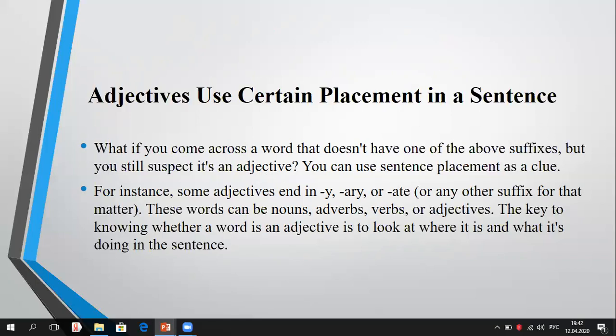These words can be nouns, adverbs, verbs, or adjectives. The key to knowing whether a word is an adjective is to look at where it is and what it is doing in the sentence. You see, these are the functions of adjectives.